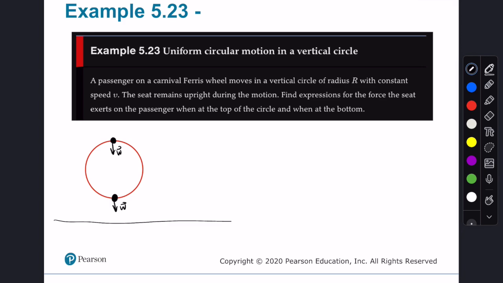So it's always going to point towards the center of the circle. But that centripetal force is a result, okay? It does not belong on the free body diagram. It's a result. So we just need to recall what direction it is once we start putting our equations together for Newton's second law.